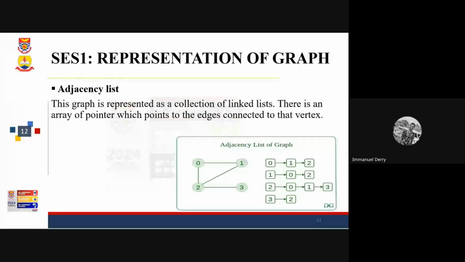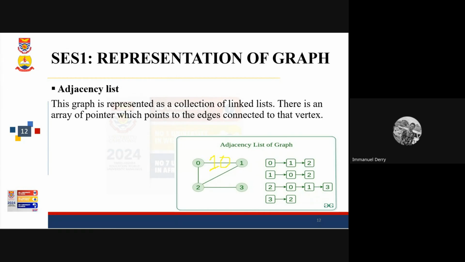If the distance is, let's say, 20 kilometers, that means this is going to be 20. And the 20 becomes the weight on 0 and 1.